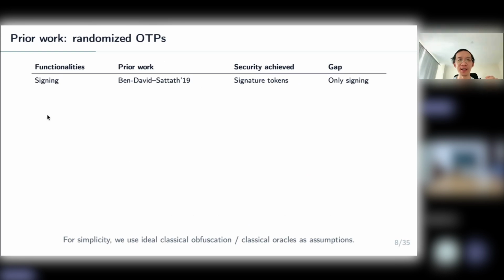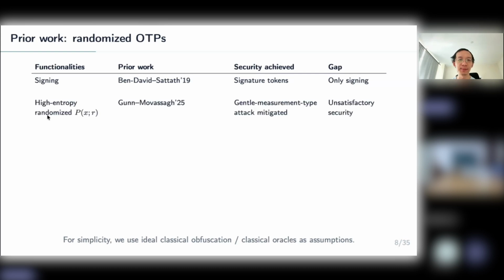So first let me tell you a little bit about what we already know about doing quantum one-time programs for randomized functionality. As I said, the first work that I'm aware of is the work that did signature tokens. But what I'm interested in is whether we can extend it to other functionalities beyond signing. Last year, there were two works.